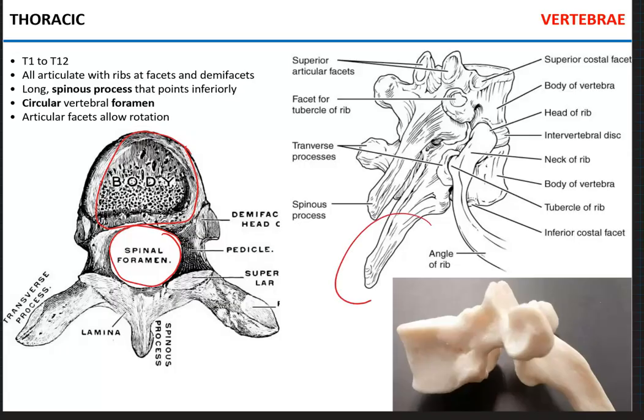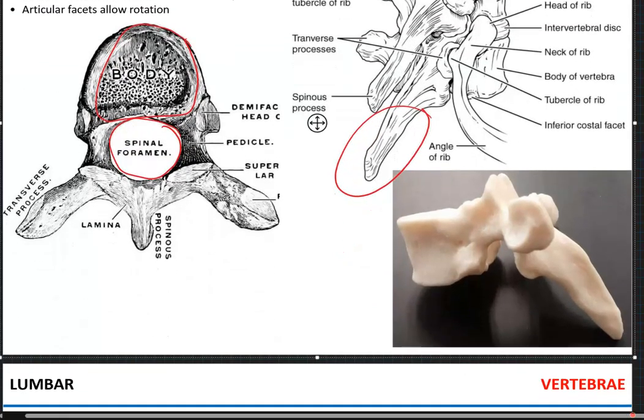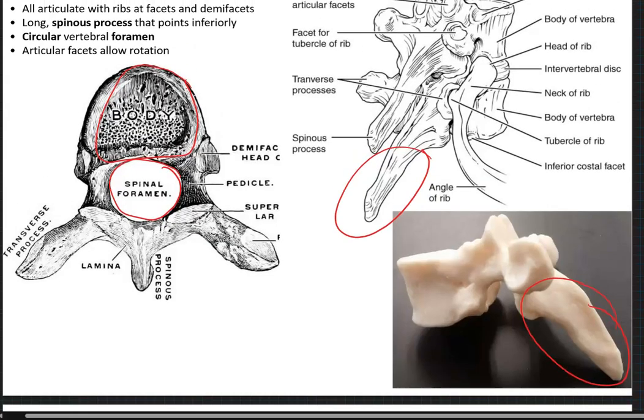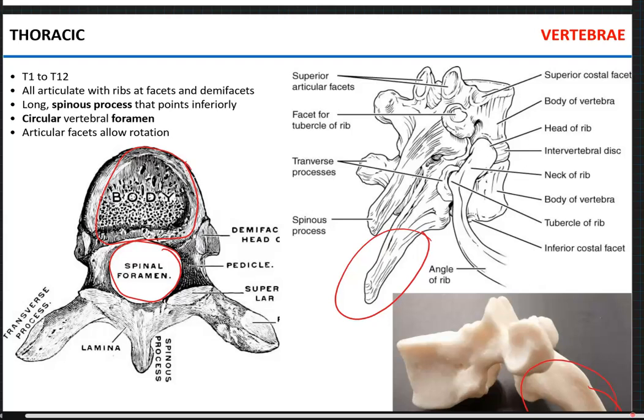Spinous process. Look at the spinous process. You see how it is pointed inferiorly? Okay? And then there are articular processes. Superior. Do we see inferior? Not as much.